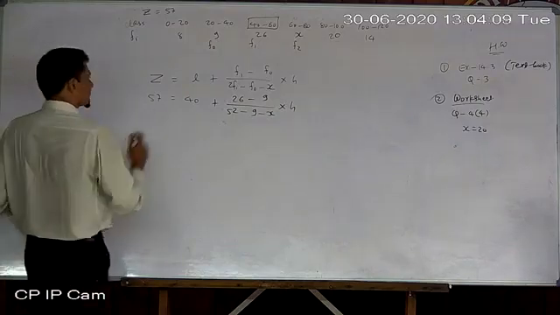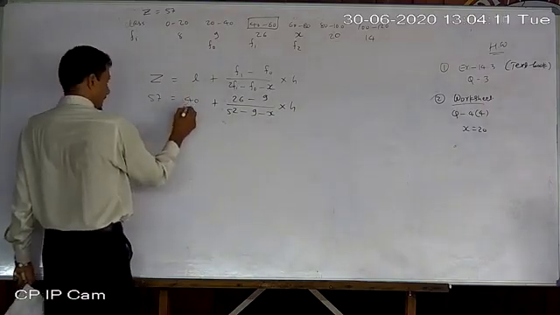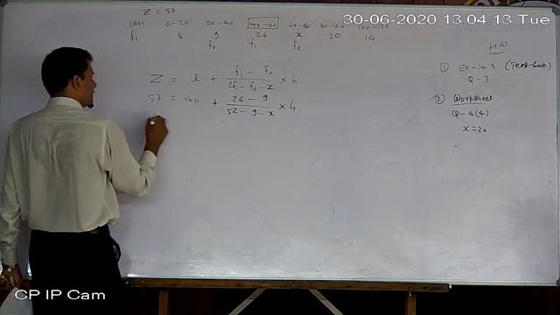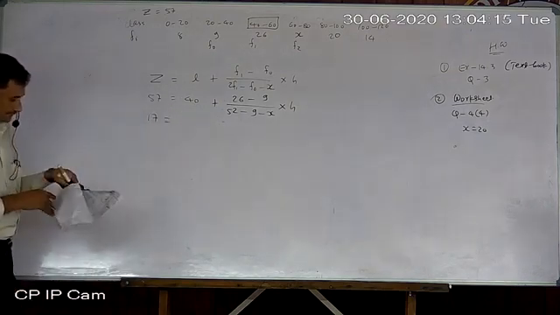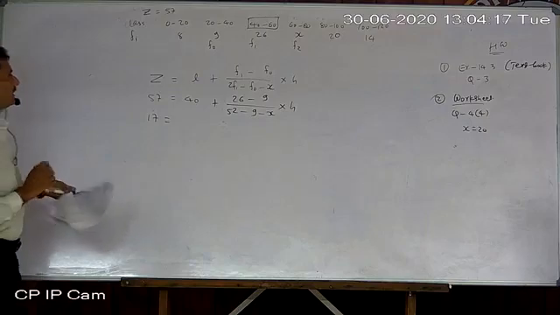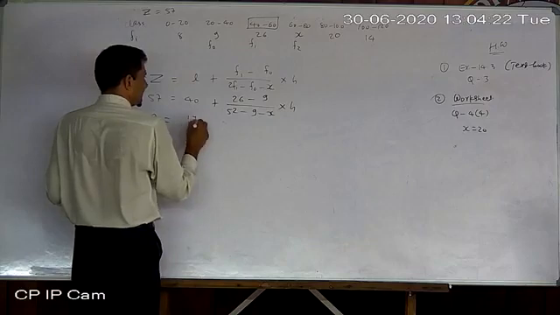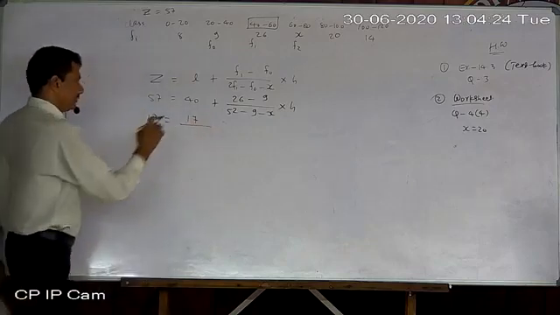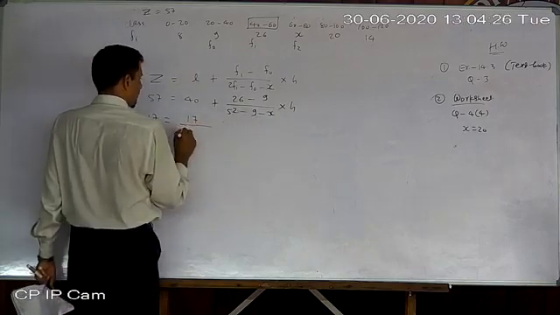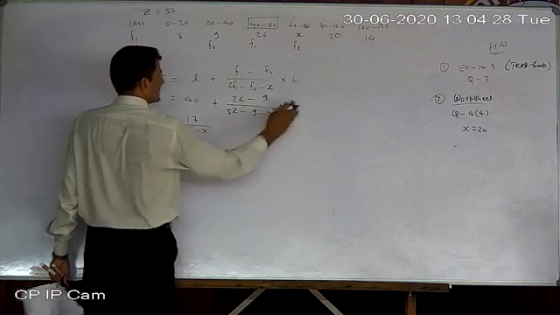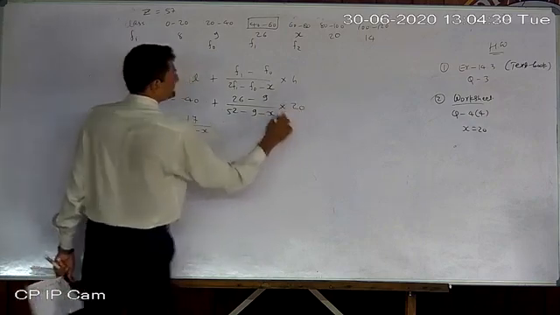Now simplify it. 57 minus 40, so it becomes 17. I just subtracted it. 26 minus 9 is 17. Now 52 minus 9 is 43 minus X. The H value is 20, write down 20.